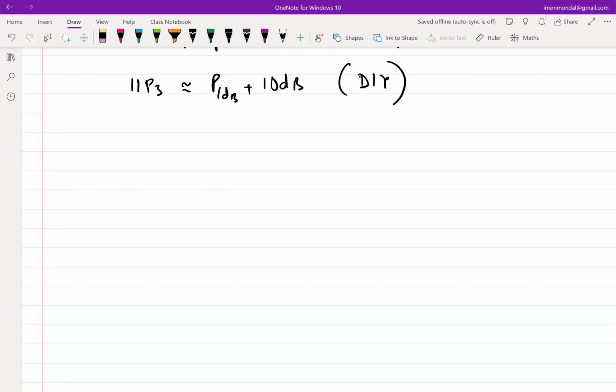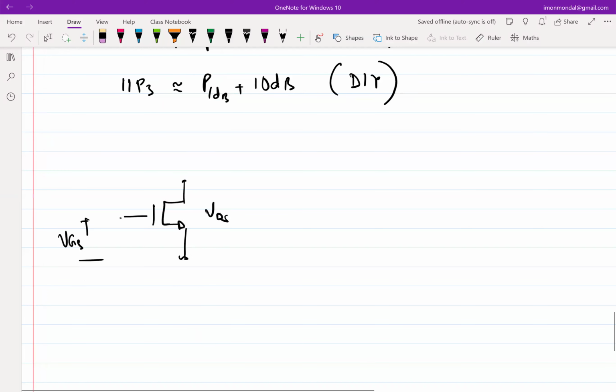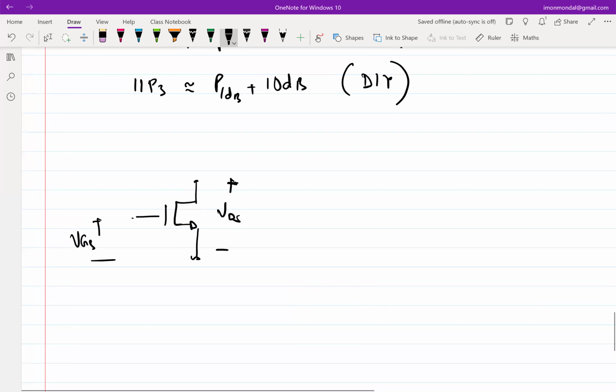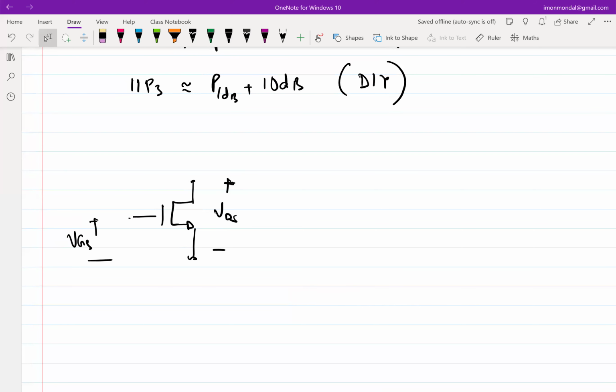I don't even need to draw the load. So let's say I have VGS and VDS. Clearly, if you use only the square law model, you will be tempted to think that there is no third order distortion, right? It's only square law. But in real MOSFETs, it's never square law.